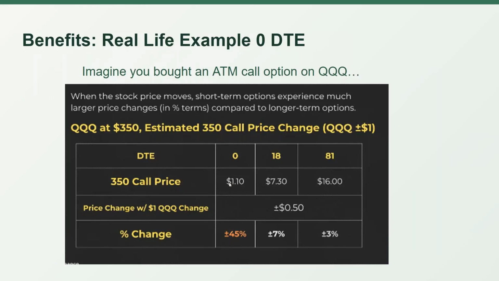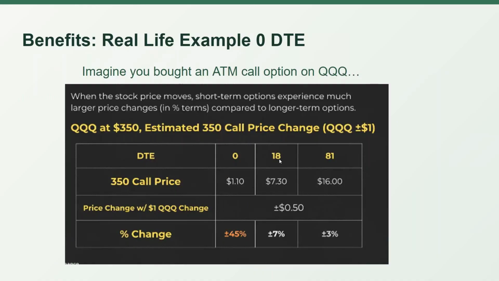Remember the price was $1.10 for a zero DTE option at the 350 strike. Well, if the Qs move by $1 up, then with a delta of 50, it would be a 50-cent change in the options contract. So that 110 goes to 160, which is a 45% increase in the zero DTE options contracts. And this really illustrates the gamma of these contracts, right?